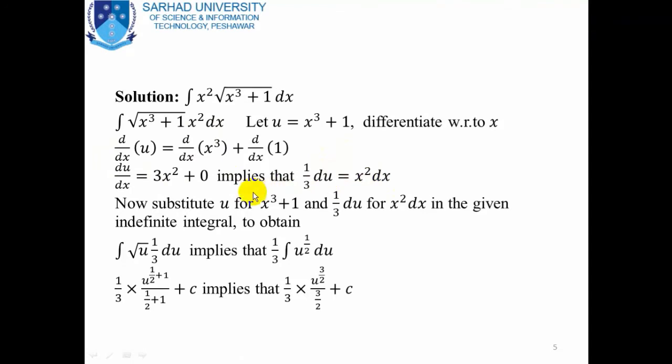Now we substitute u for x cube plus 1 and x square dx for 1 over 3 du in the given integral. So we obtain, replacing x cube plus 1 by u, the square root of u, and x square into dx replaced by 1 over 3 du. Now this is the new integral, and the new integral is completely in the new domain u. Now we are going to integrate this integral with respect to u.